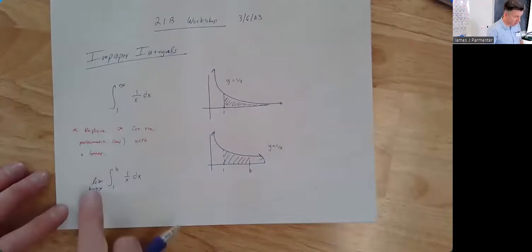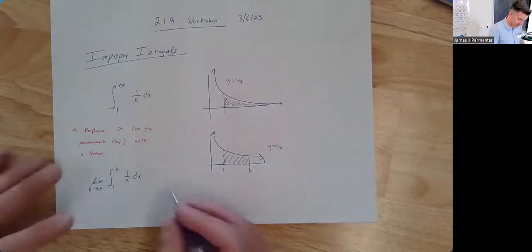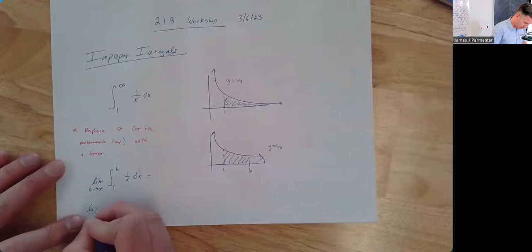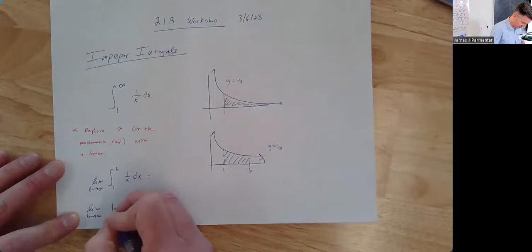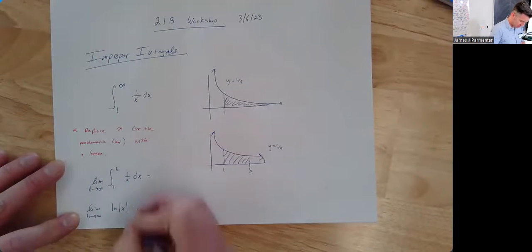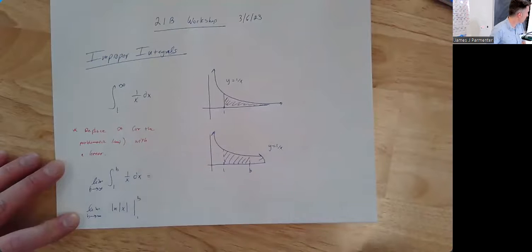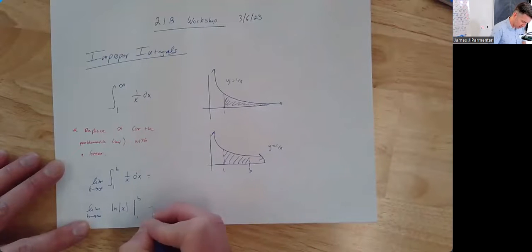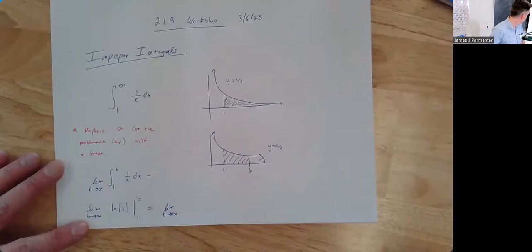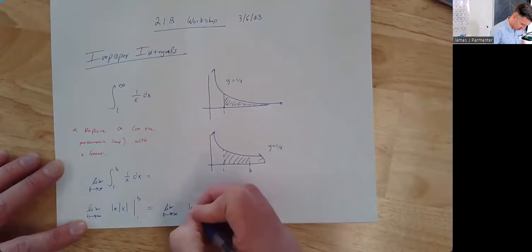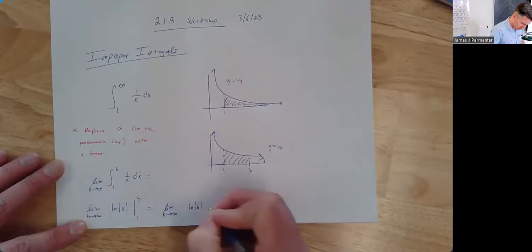So, ignoring the limit but still writing it in every step, we have the limit as b approaches infinity of, well, the integral of 1 over x is the natural log of the absolute value of x from 1 to b. Then we plug in the limits of integration. We get the limit as b goes to infinity of the natural log of the absolute value of b minus the natural log of the absolute value of 1.